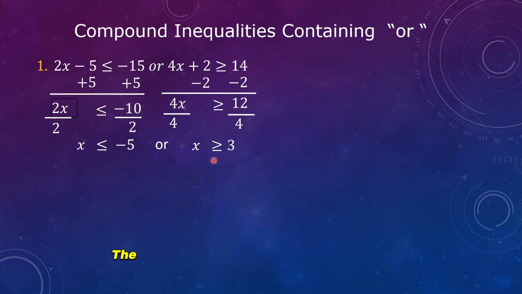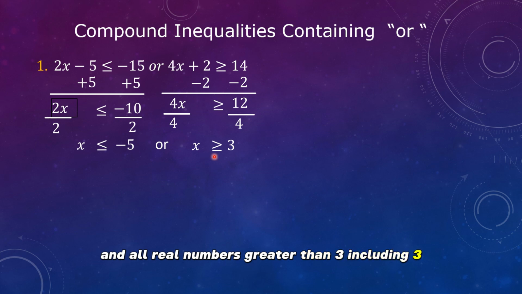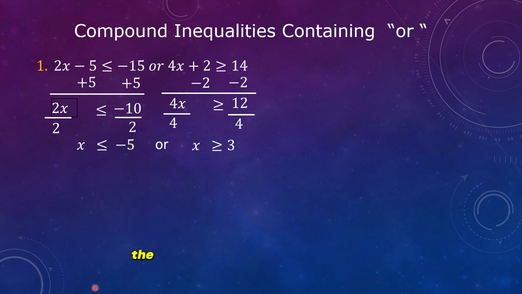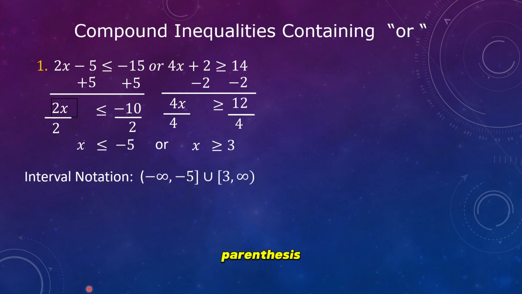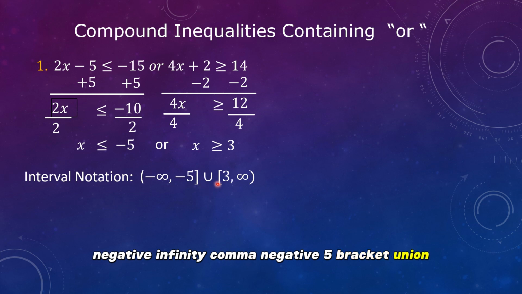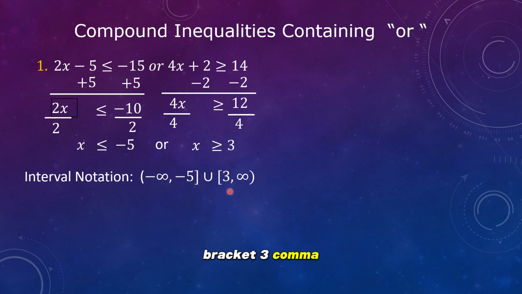3. The solution is the union of all real numbers less than negative 5, including negative 5, and all real numbers greater than 3, including 3. The solution in interval notation is this: parenthesis, negative infinity, comma, negative 5, bracket, union, bracket, 3, comma, positive infinity, parenthesis.